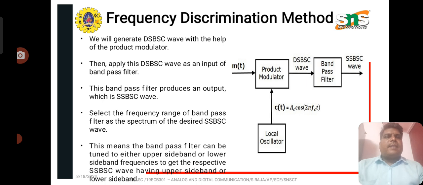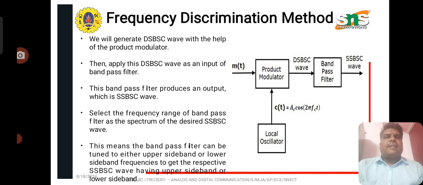Now, generating a single sideband suppressed carrier wave by the frequency discrimination method. We will generate a double sideband suppressed carrier wave with the help of a product modulator. Then apply this double sideband suppressed carrier wave as an input of a bandpass filter. This bandpass filter produces an output which is a single sideband suppressed carrier wave.